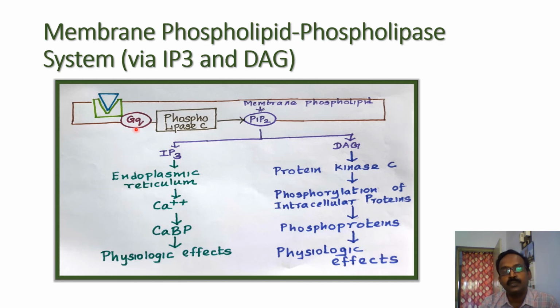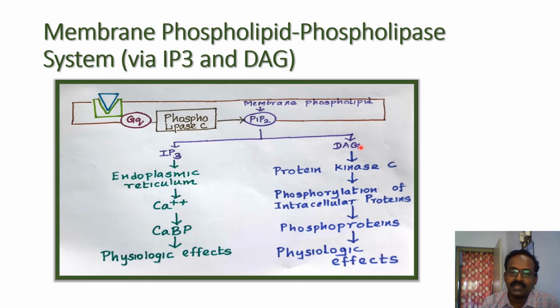It activates the phospholipase C. Phospholipase C degrades the membrane phospholipid inositol triphosphate to the inositol triphosphate IP3 and diacylglycerol.